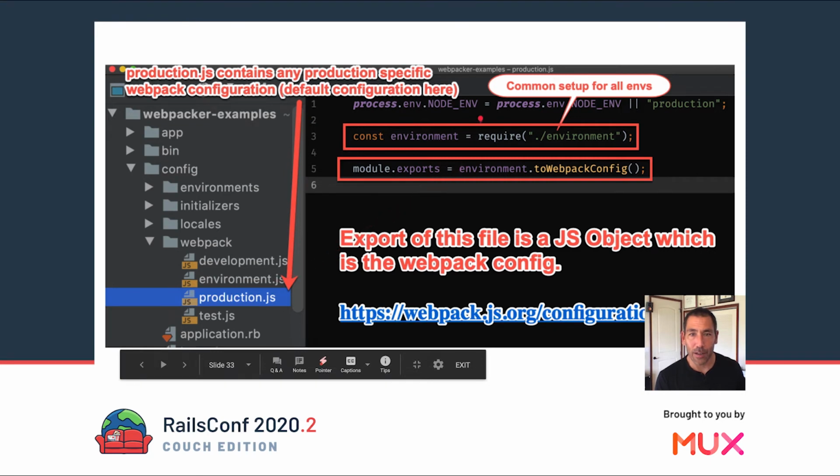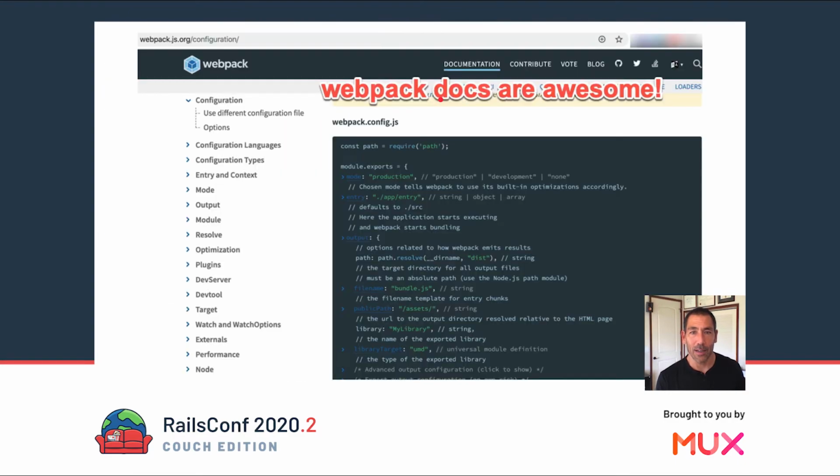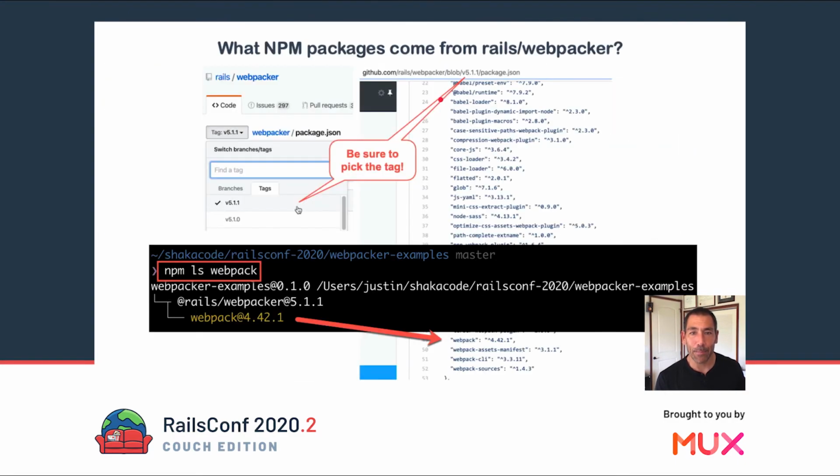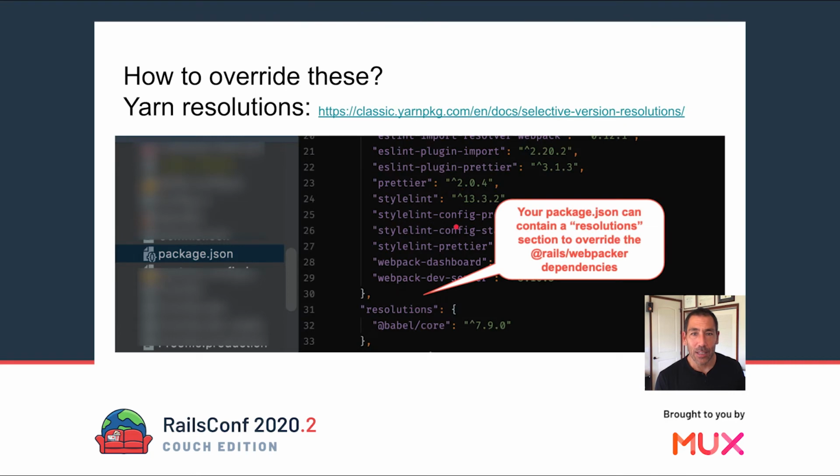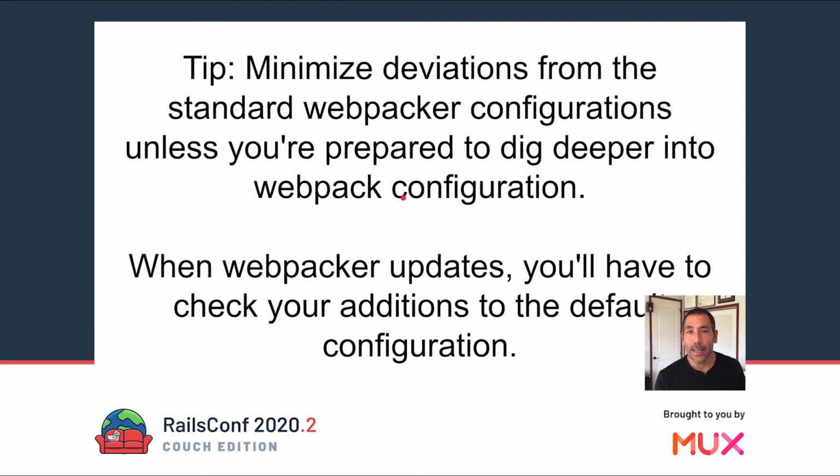So if you start putting lots of stuff in this production.js file and environment.js, etc., then when you're doing an update, you're going to have to check all the documentation really, really carefully.